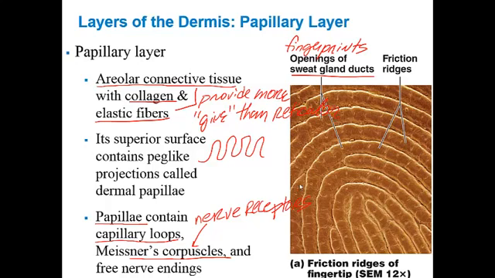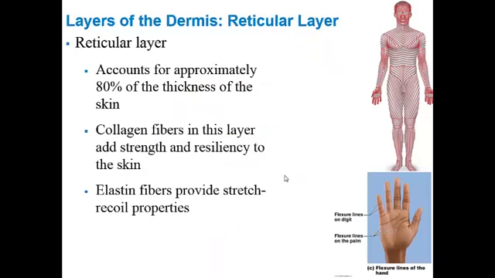The collagen is going in different directions and allows for much less of this flexibility, much less of this give that the papillary region has. So the reticular layer is, again, the thickest part of the dermis, and it's going to be where we have lots of collagen fibers that are going to be running in different directions, different planes, because, again, it is the dense, irregular connective tissue.